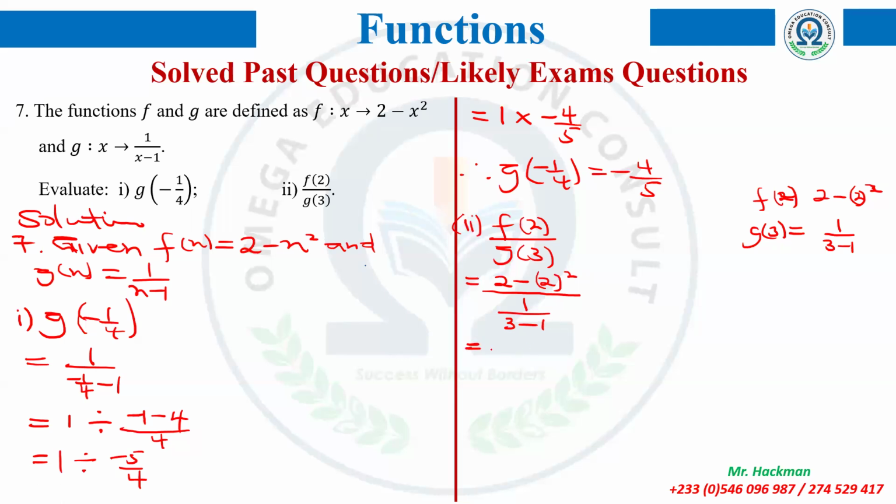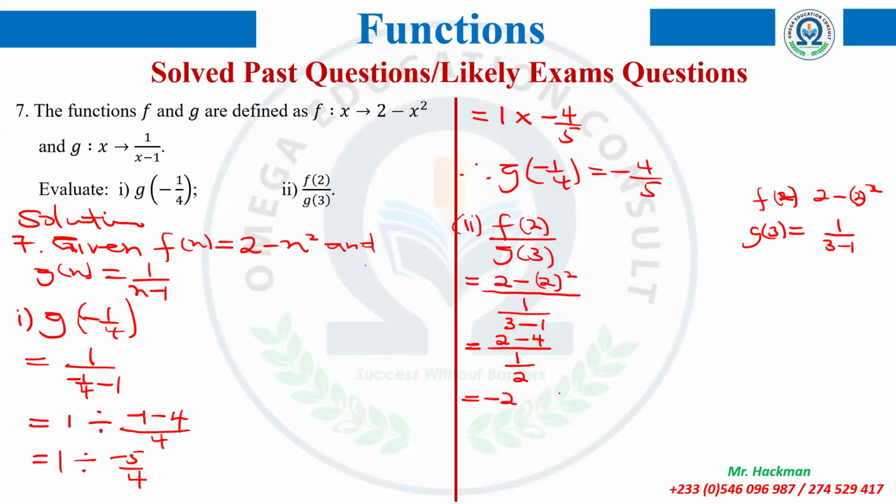So this will give us, our numerator will be 2 minus what? 4. Do you agree? Our denominator will be 1 over 3 minus 1, which is what? 2. All correct. So your next step, you realize that 2 minus 4 will give us minus 2, which is just a term. So I will write minus 2.